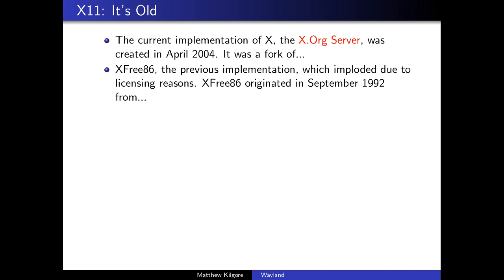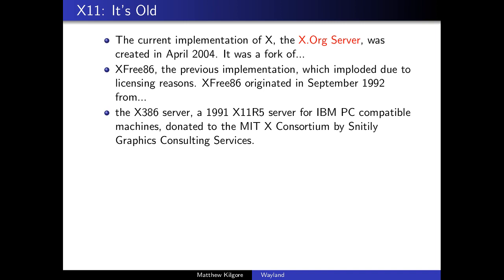X386 dates all the way back to September of 1992, where it was a fork of the X386 server, very clever pun, a 1991 X1105 server for IBM compatible PCs, which was donated to the MIT X Consortium by Snidder Graphics Consulting.